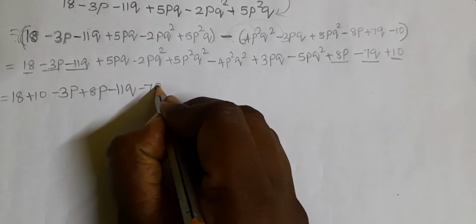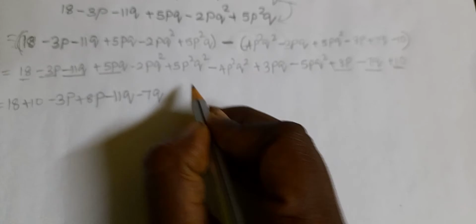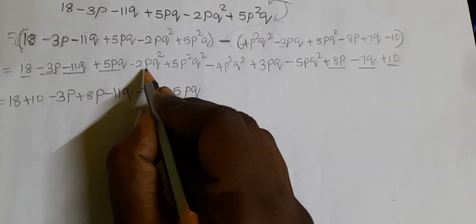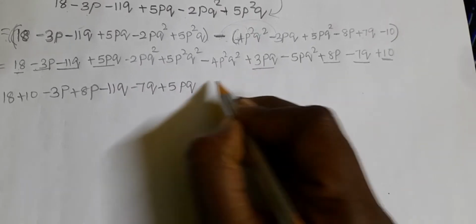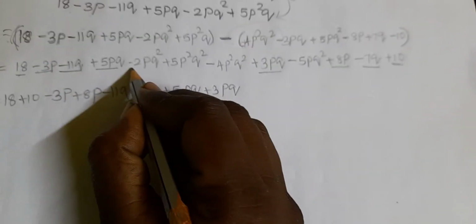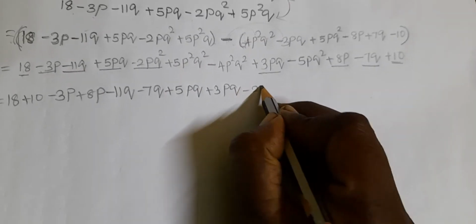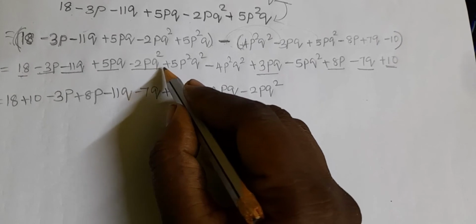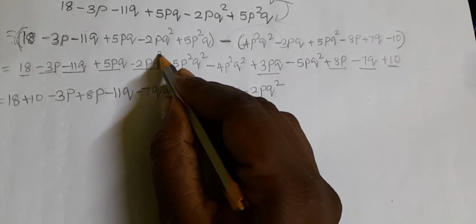Minus 7q. Next plus 5pq, plus 3pq. Minus 2pq square. So it is a pq square term.